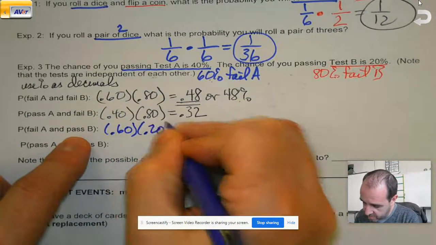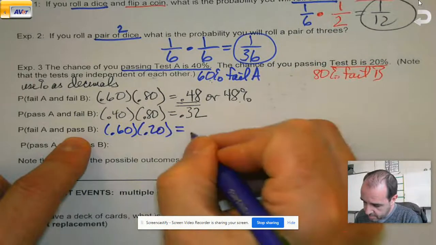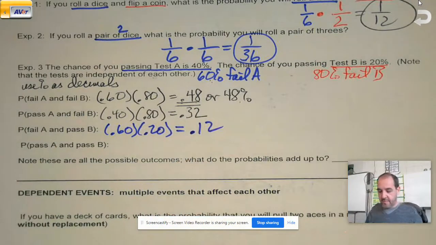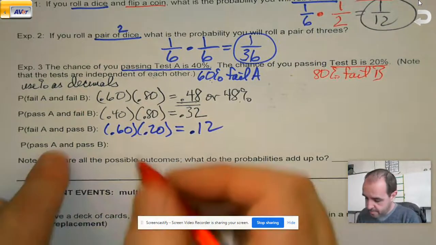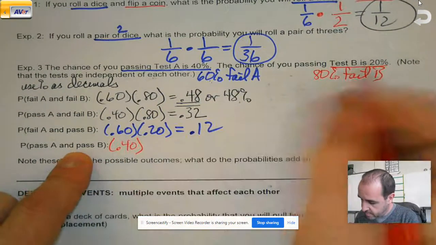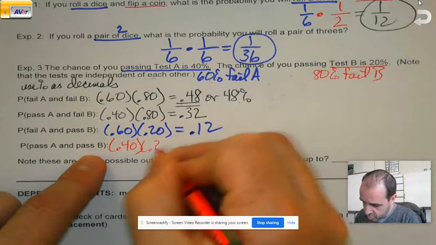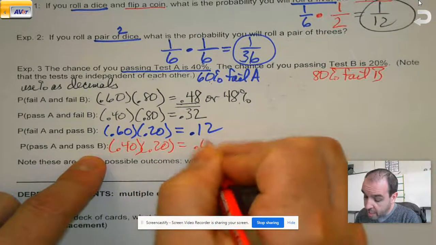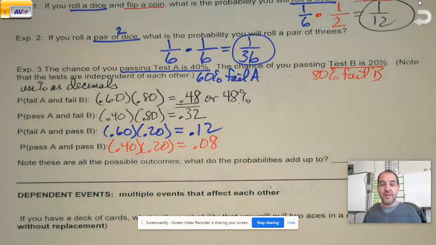We've been having all the fail B's here. 0.12. And finally, pass A, 40%. Pass B, 20%. 0.08. If you're doing this in your head especially, watch for the places where the decimal point goes, because 0.8 would be 80%. That's a lot.